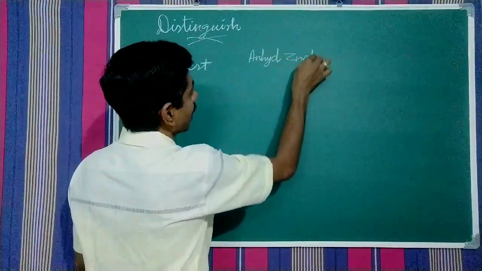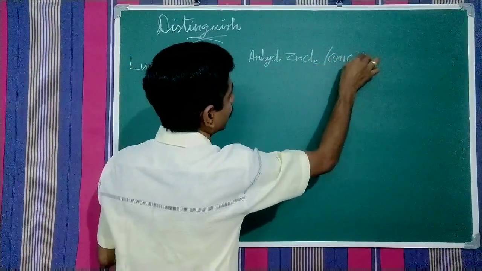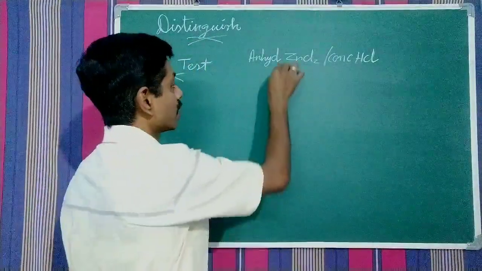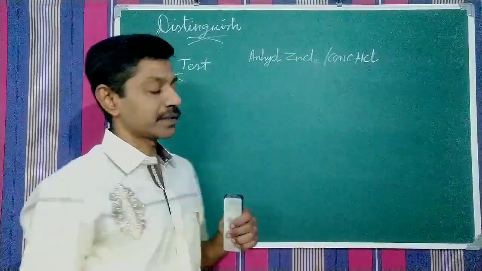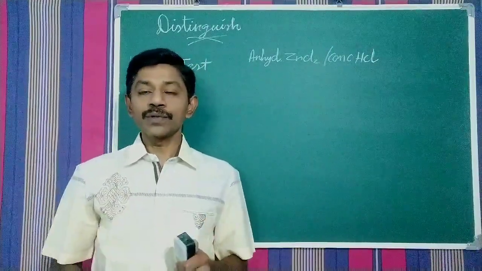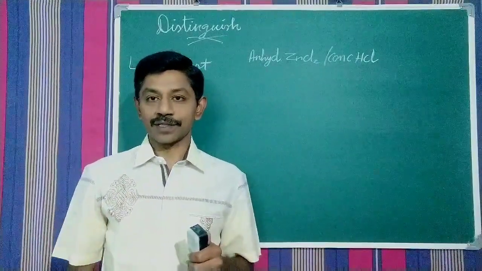Anhydrous zinc chloride and concentrated hydrochloric acid is called the Lucas reagent. This is now going to give us an input on how to distinguish these three types of alcohols.